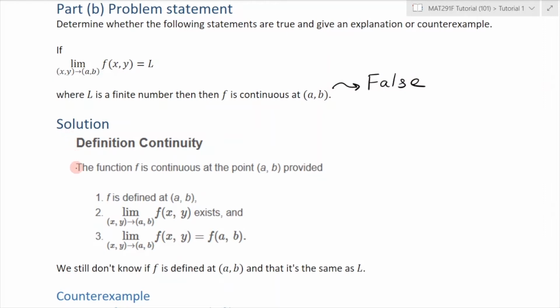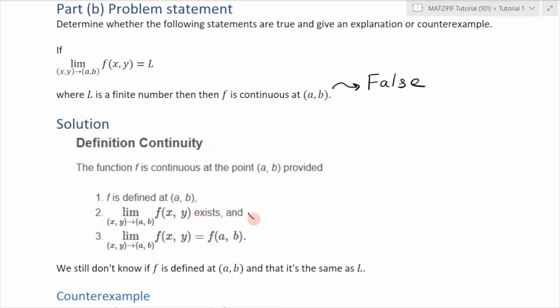Let's recall from the lecture the definition of continuity of a function at a point (a, b). You need 3 conditions. Function f needs to be defined at the point (a, b), the limit needs to exist, and the limit needs to be equal to the value of the function. Now the only condition that's satisfied when you have this is this one.